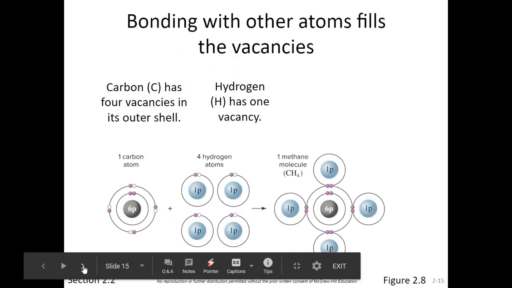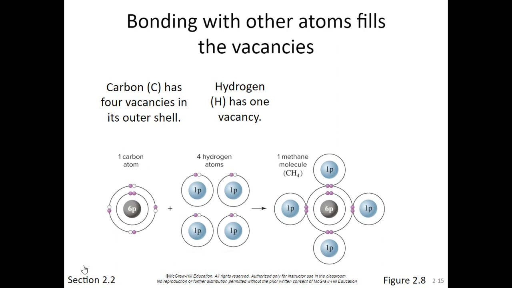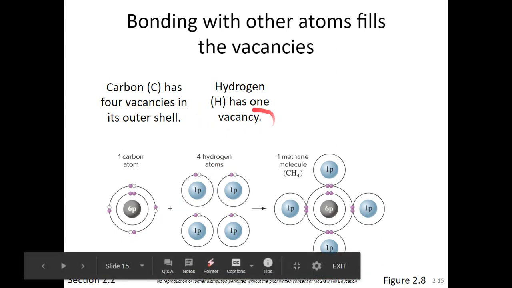You can see here carbon has 4 vacancies in the outer shell, and hydrogen has 1 vacancy, as I showed you in the last one. So if we combine these two, carbon had 4 vacancies. You fill one with 1 hydrogen, then there was 1, there was 1, there was 1.